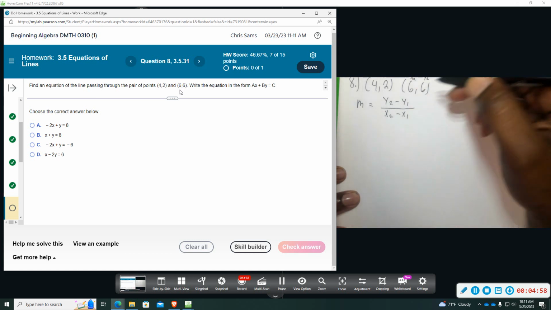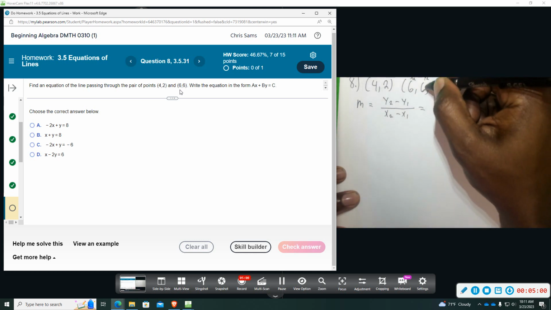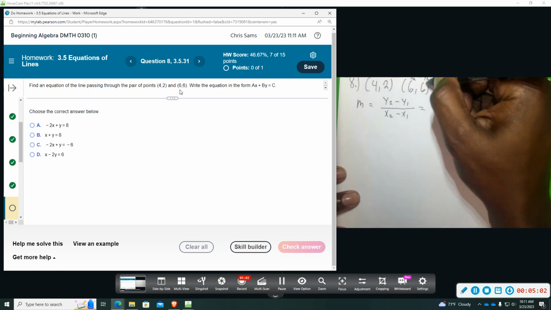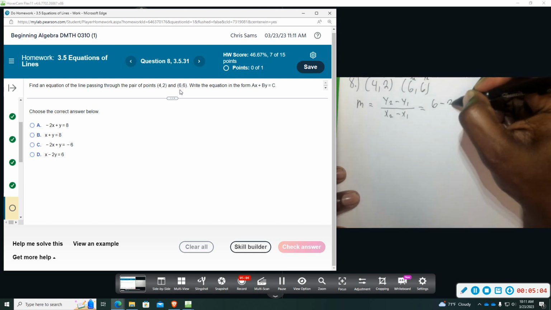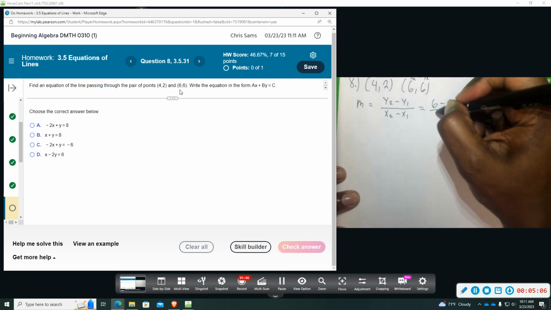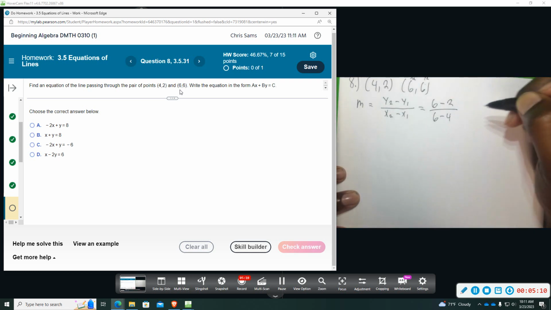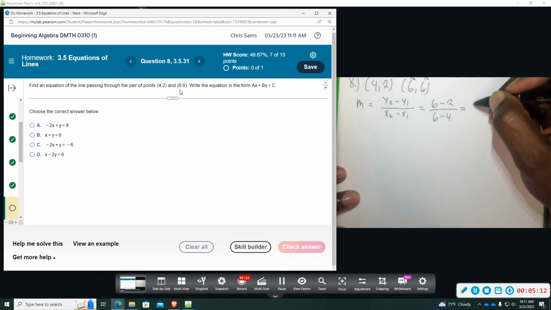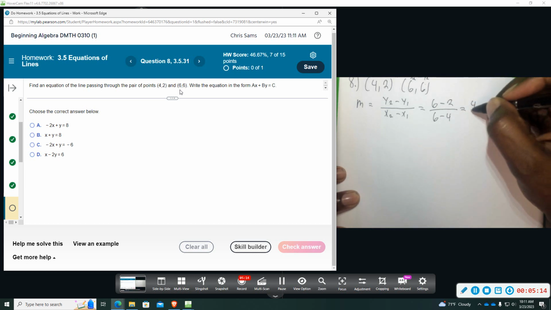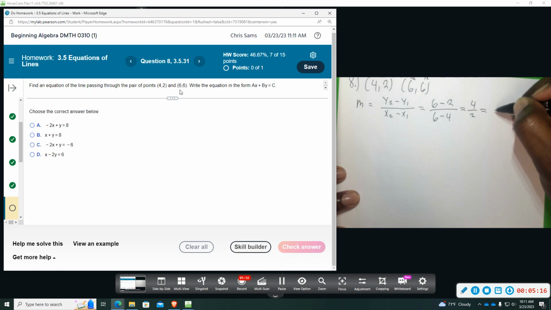So plugging this in, I will do 6 minus 2. And then on the bottom, I will do 6 minus the x value of 4. This will give me 4 over 2. 4 divided by 2 is 2. So I get 2 as my slope.